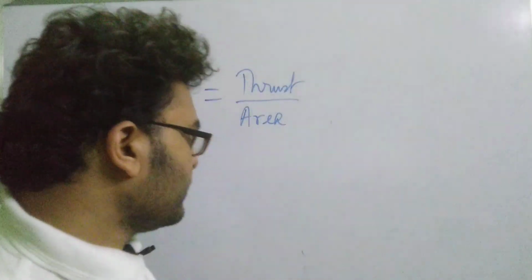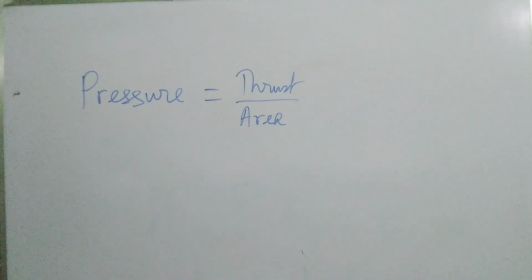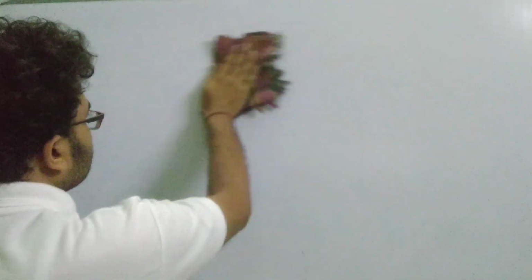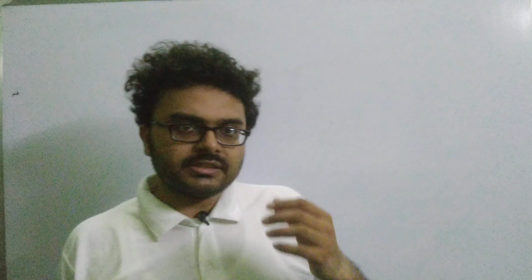Now let us move on to the next topic, that is pressure in fluids. In general we see that pressure equals thrust by area. Now what is the case with fluids?